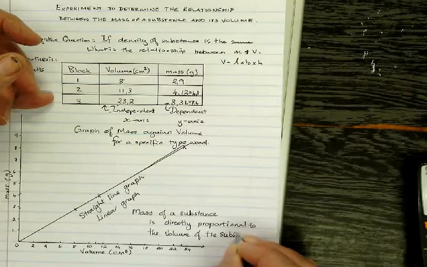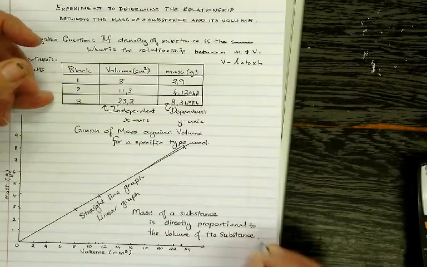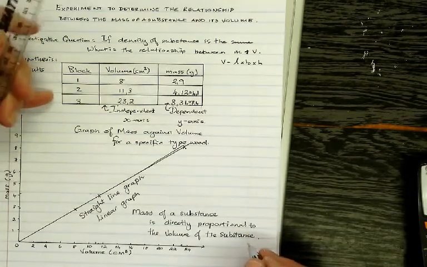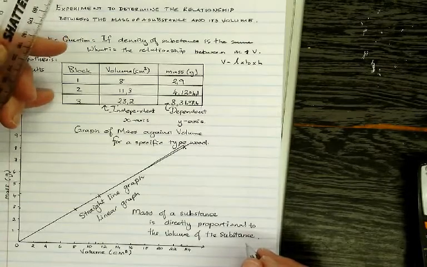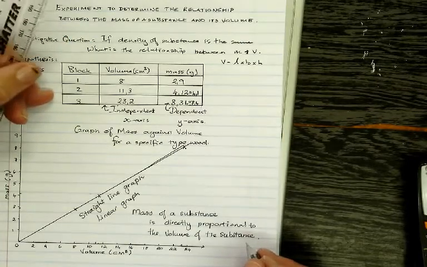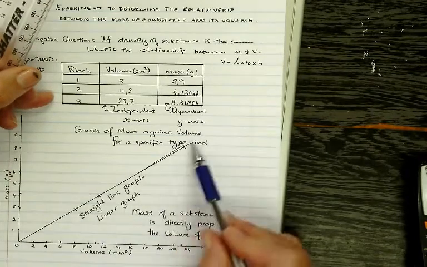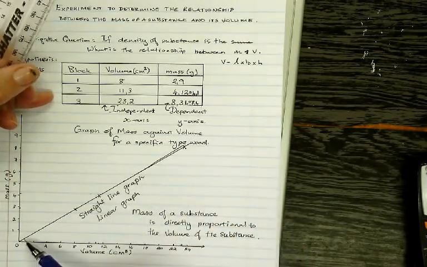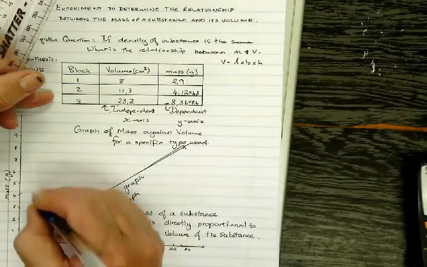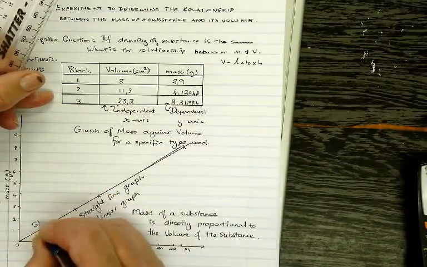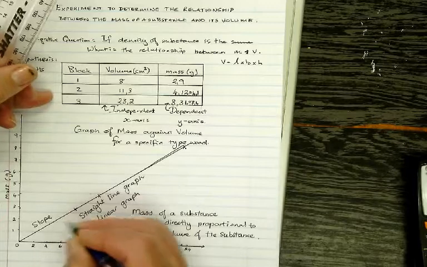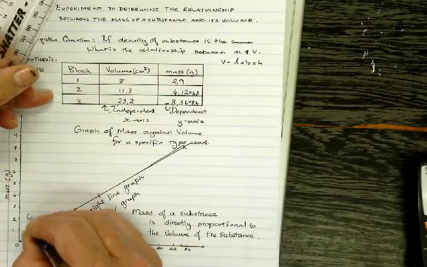I want to make use of this opportunity to also bring the slope of the graph into meaning. So the slope of the graph is how steep the graph is. It is also called the gradient of the graph.